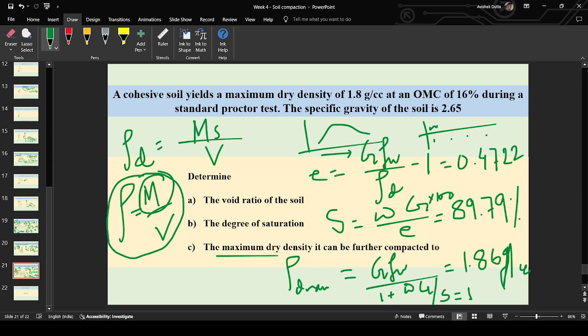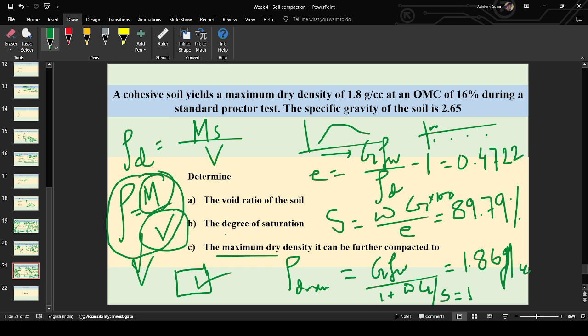We are trying to compact the soil. There is a particular volume of the total mold that is taken into consideration for this compaction. But the mass for bulk density is the total mass.